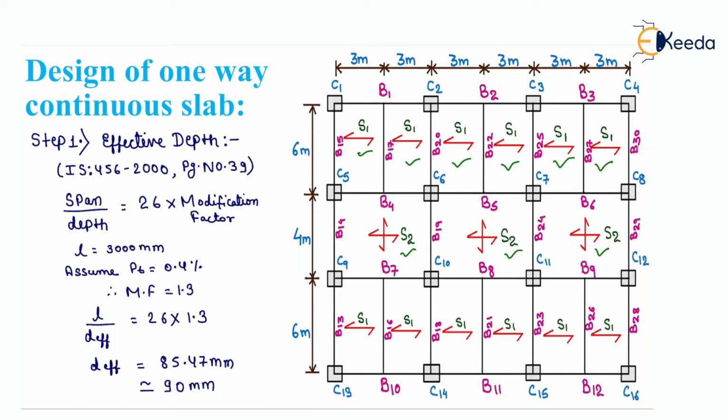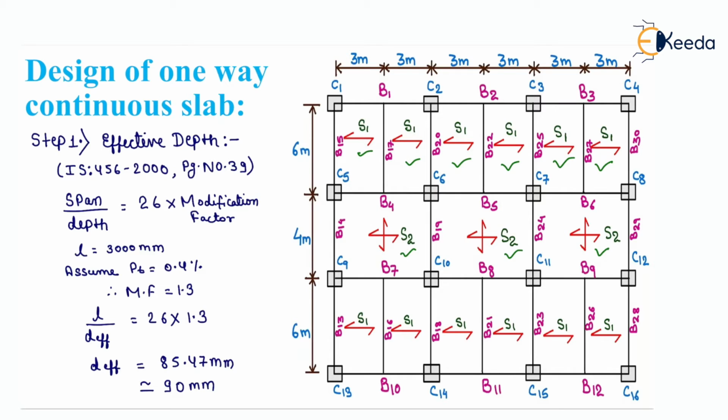The formula used is span upon depth ratio equals 26 into modification factor. Span upon depth ratio is taken as 26 for a continuous slab.